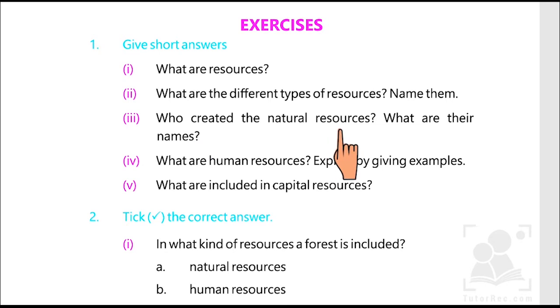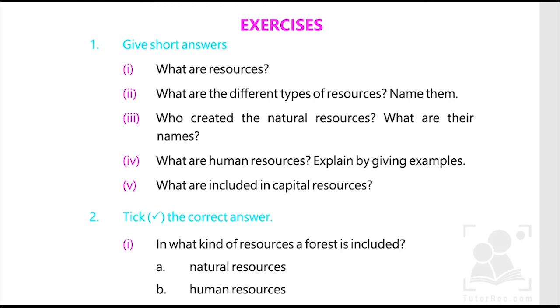Who created the natural resources? What are their names? Nature created the natural resources. It could be plants, the air, water, mountains, hills, anything. What are human resources? Explain by giving examples. Human resources are basically the skills and abilities that you use as a person to help others do something.